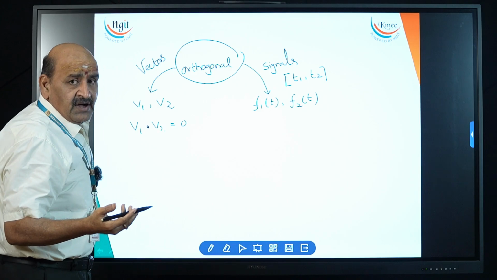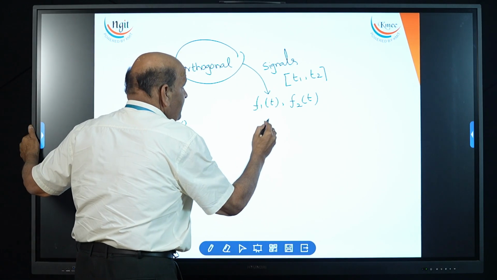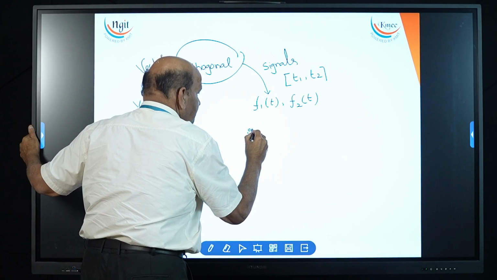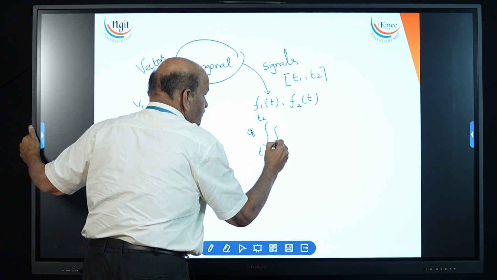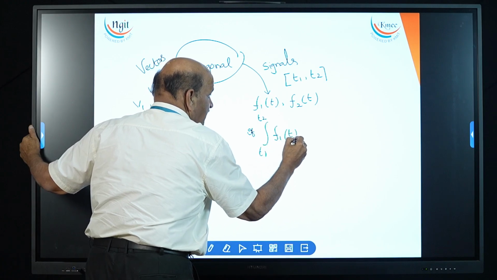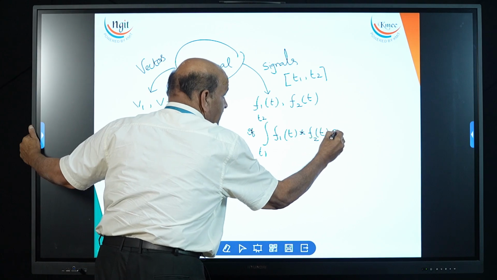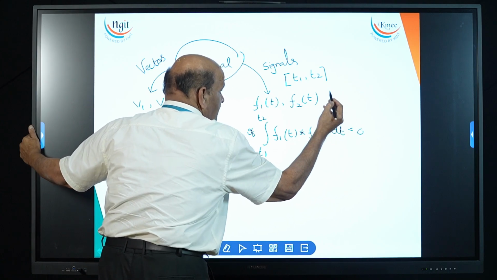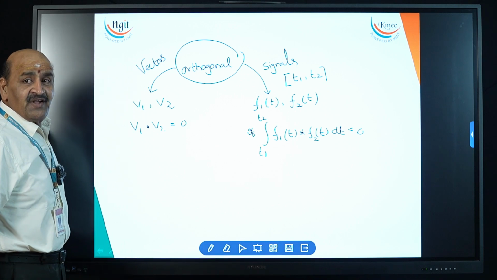The signal is continuous, which means we use integration. So here, if the integral from t1 to t2 of f1 of t multiplied by f2 of t dt is equal to 0, then this is called the orthogonality principle in signals.